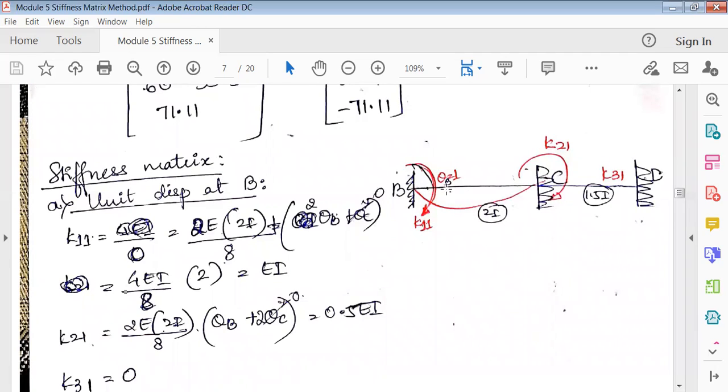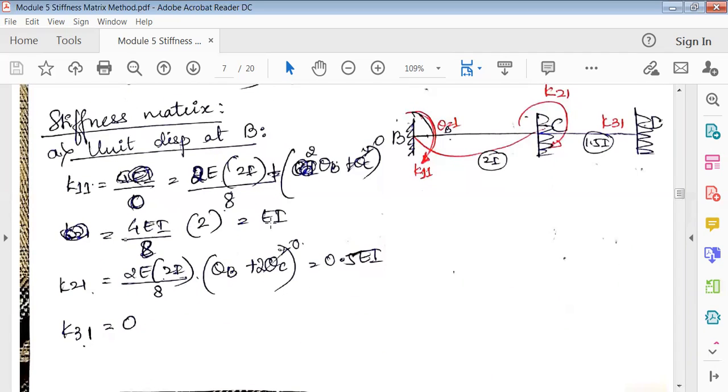You're measuring from this point and applying the load at this point, so it is 2 times theta B plus theta C. One more thing: wherever you're applying the load, that particular joint should be released. Of course I've not shown it here, but you have to release this joint. Only if you release the joint do you get the theta here. So theta B exists, and theta C is fixed, so it is 0. Then solve this, and you'll get K11 is EI.